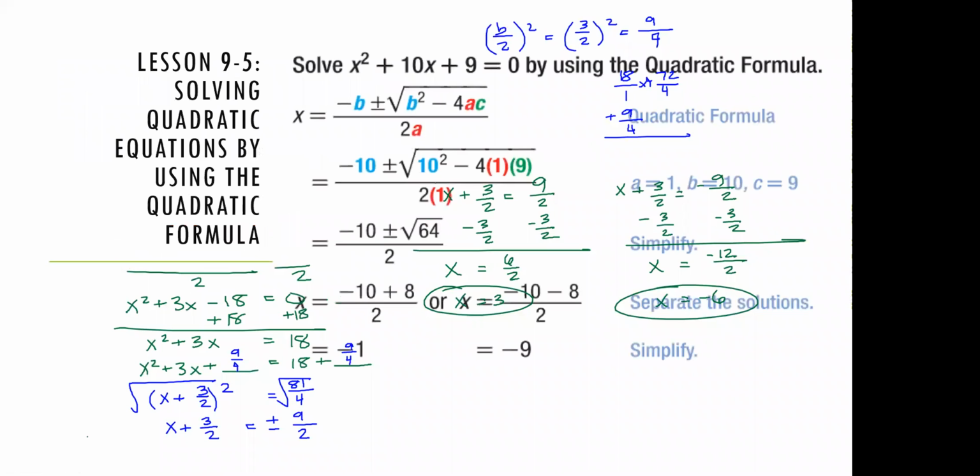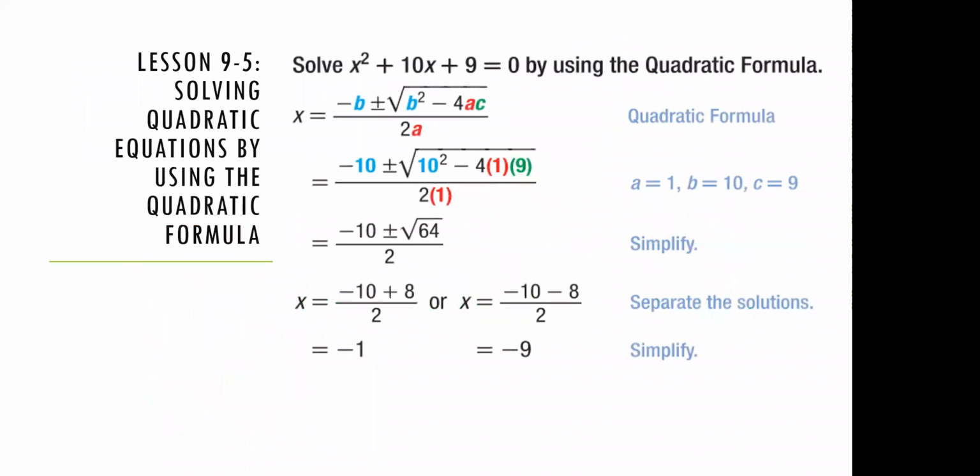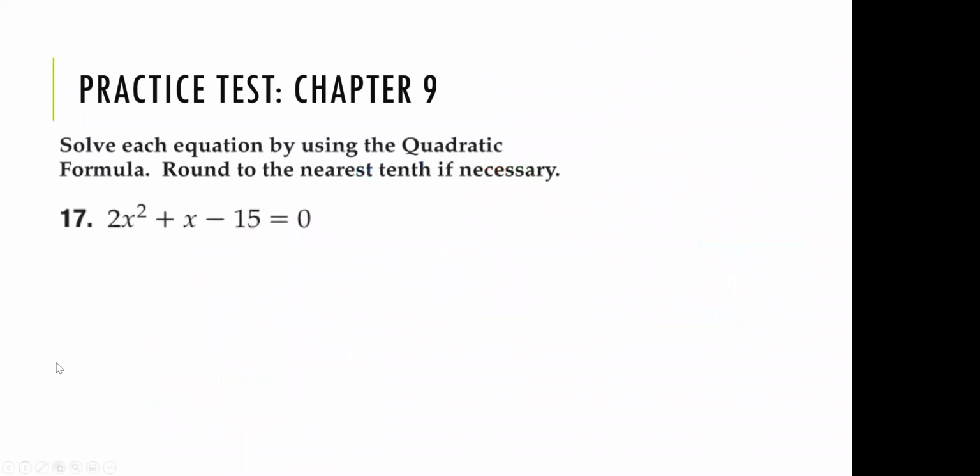So next problem, our next section talks about solving by using the quadratic equation. Okay. So here it says solve by using the quadratic equation. So for the quadratic equation, we need to know the values of a. So a is equal to 2, b is equal to 1, and c is equal to negative 15.